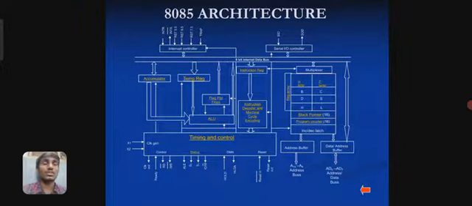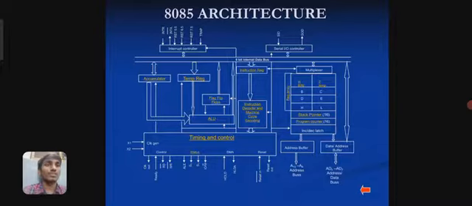The interrupt controller helps us to stop the execution of a program by the microprocessor. The timing and control is useful to reset the process in the execution of a program. And the temporary register and accumulator store the temporary values during the operation.